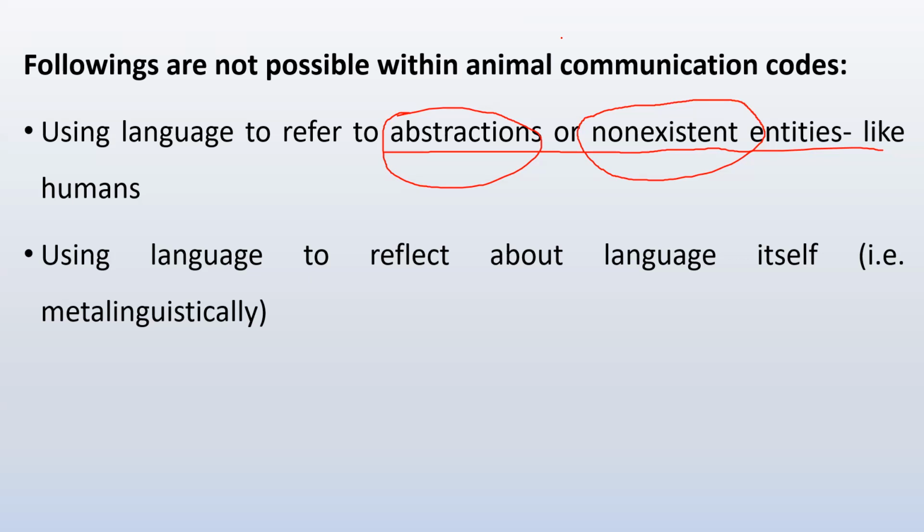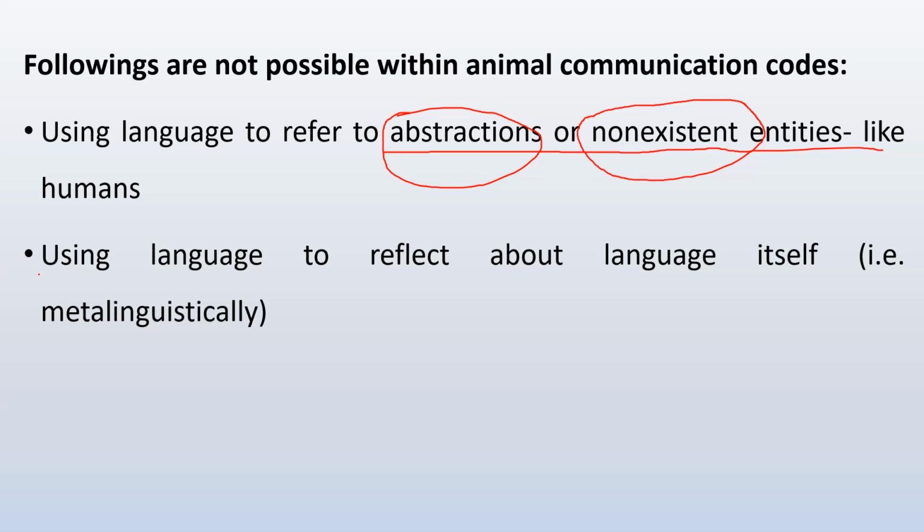But can you find animals talking about that kind of non-existing things? Never. So they never use language to refer to the things that are not existing, as well as the things that do not have any physical existence, right? That's one point. And also using language to reflect about language itself, right?